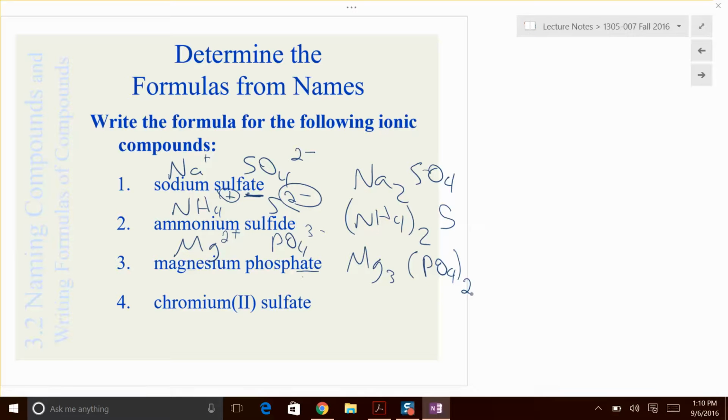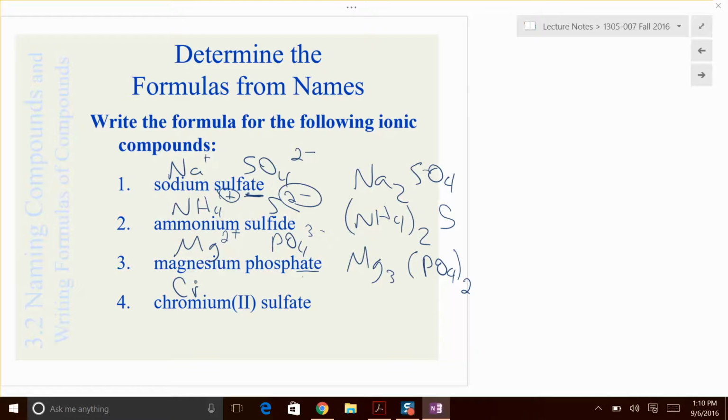Chromium 2 sulfate. Chromium is Cr. What is the charge of chromium? Say it again. Okay, good. How do I know that? It says it right in the name, right?